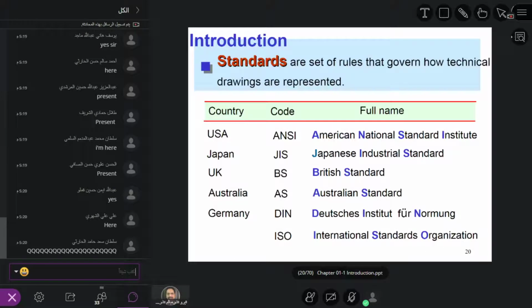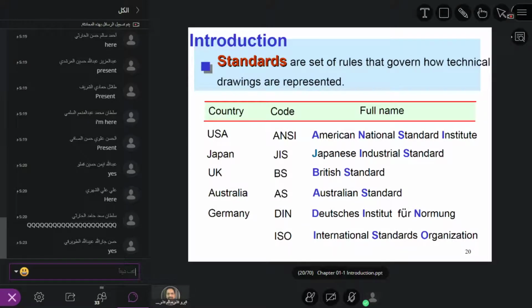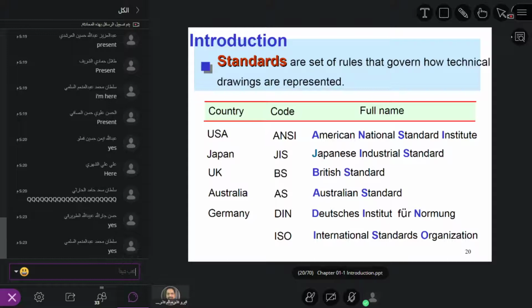Okay. Now, there are several standards, as I mentioned earlier. I remember last class I was mentioning an interesting story. Why do we need different standards?